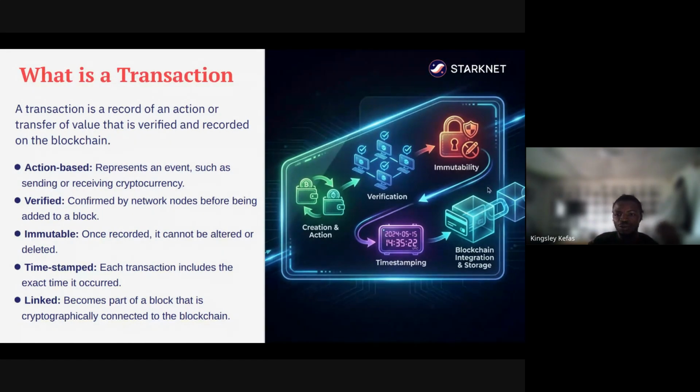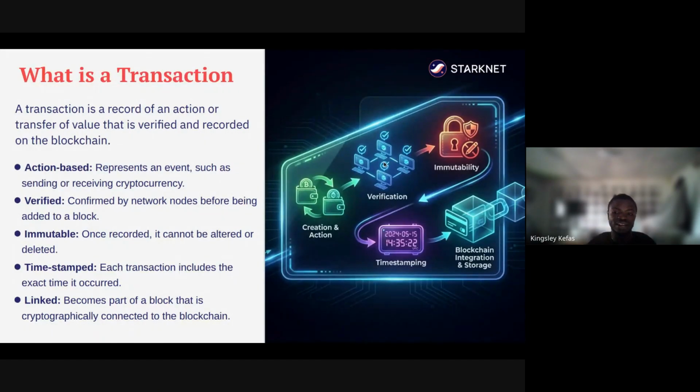And then here, if you look at this simple image, you see a simple high level overview of how a transaction occurs, right? First of all, you have the creation of that transaction, the creation and the action. Then next is what?